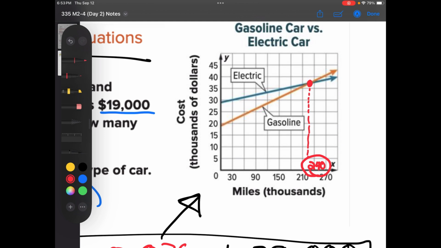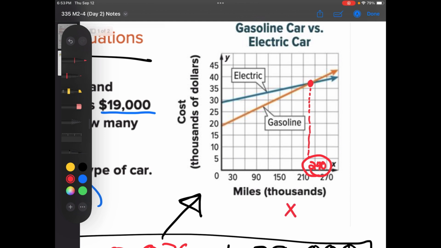This would be an estimate for the x coordinate of, I would say, in between 210 and 240, so we're going to go with 225, so 225,000.